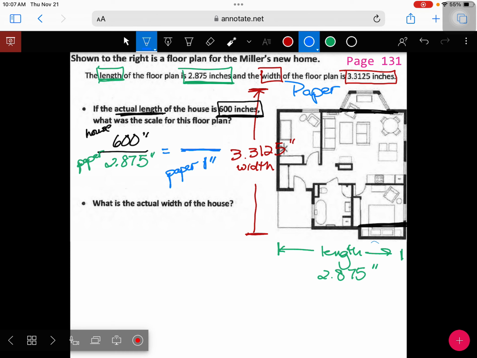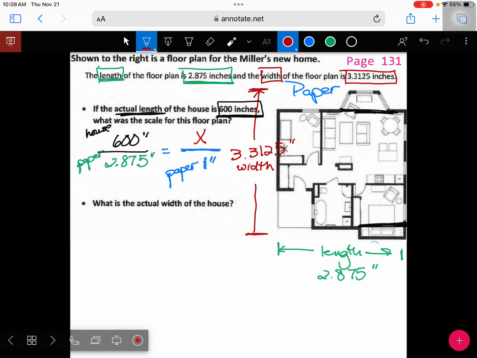Do I know what that is right off the top of my head? No. So I'm going to put my variable there. What do we call this thing right here where you have a ratio set equal to another ratio? Starts with a P. Kind of rhymes with disproportion.